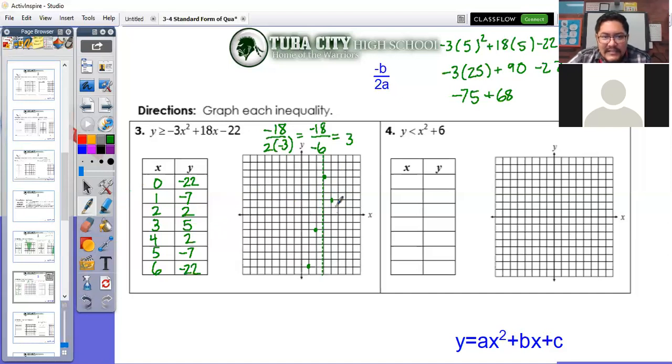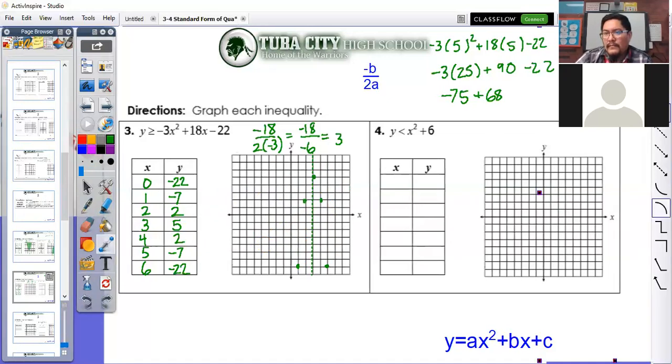You'll notice that this is not going to be symmetrical. Over 5, down 7. So this is not symmetrical, so this means that there was a plotting error. So the parabola, again, kind of does this shape here. So what I should have done was go over 2, up 2. So I would have had something like that instead. But again, it allows you to kind of see when you're making a mistake.